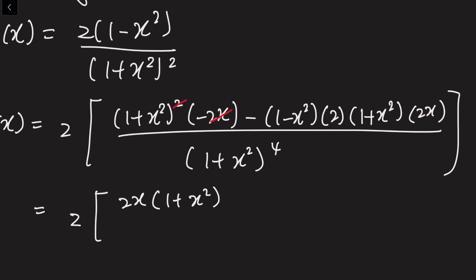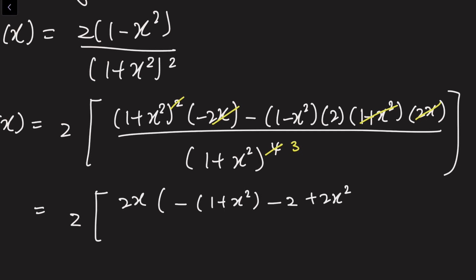Just for your information, we factor out 2x, we factor out 2x, and this one. We didn't factor out the negative. Then this one becomes 3. Then we don't have to write this. Then negative 1 plus x squared. Then, yeah, 2 plus 2x squared.